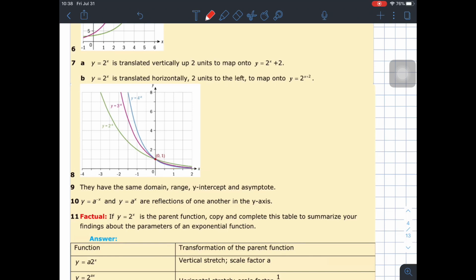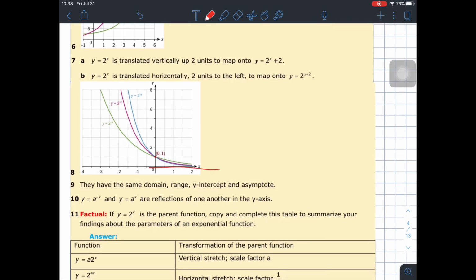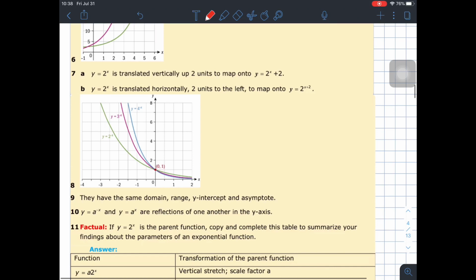The domain and range are also the same as in the previous case. The domain is all real numbers and the range is all positive numbers from 0 to infinity. So that's the answer for part 9. They have the same domain, range, y-intercept, and asymptote.